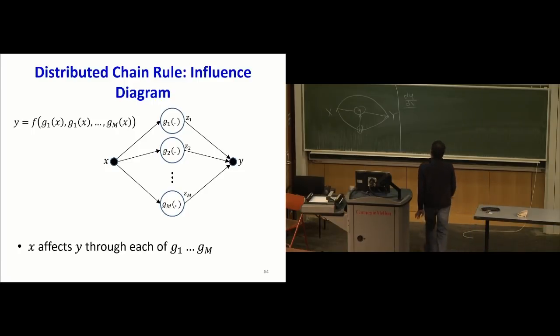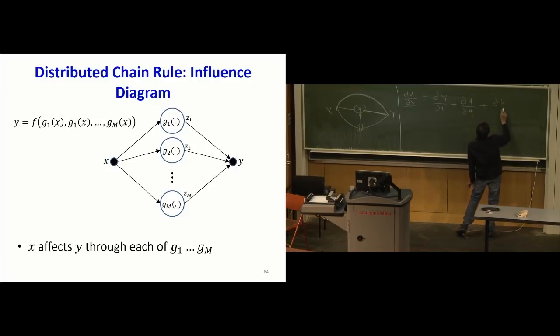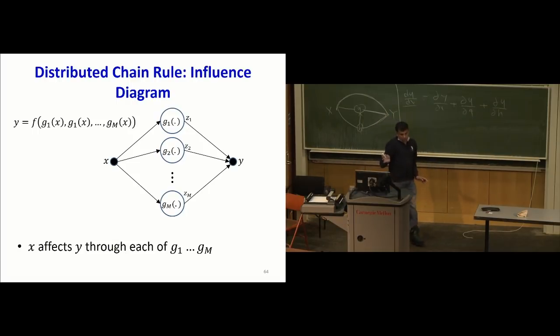This is going to be the partial derivative of y with respect to x, which is this guy, plus the partial derivative of y with respect to g, which is this guy, plus the partial derivative of y with respect to h, which is this guy. You get this? It was trivial. I just drew the diagram, right?